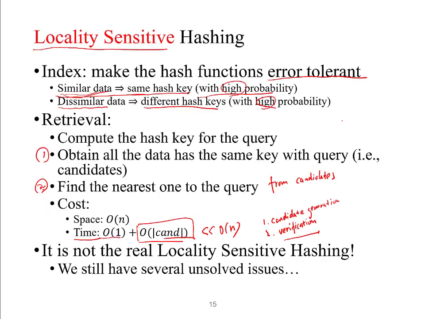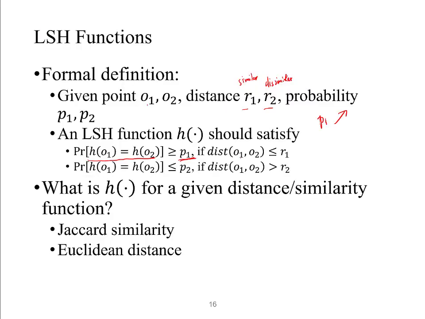And second condition, for dissimilar data, we want them to have different hash keys with high probability. Now for dissimilar data, we define them as distance larger than R2. Apparently here, R1 should be smaller than R2. Otherwise, it is meaningless.